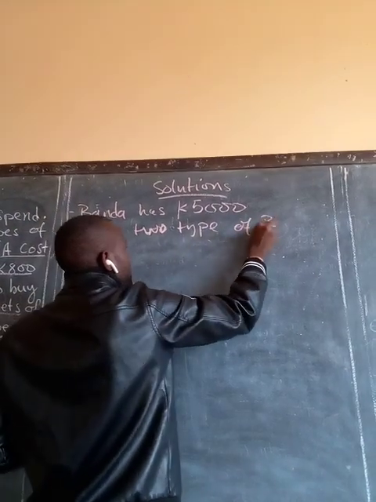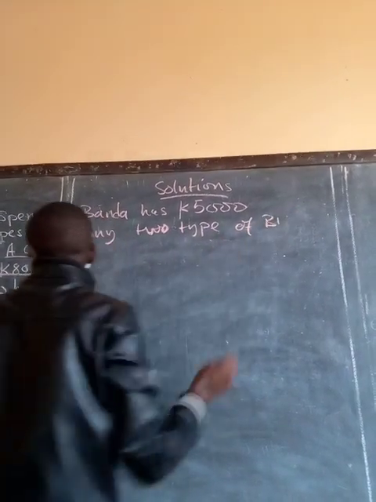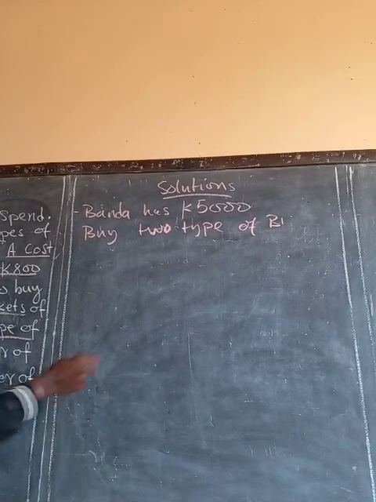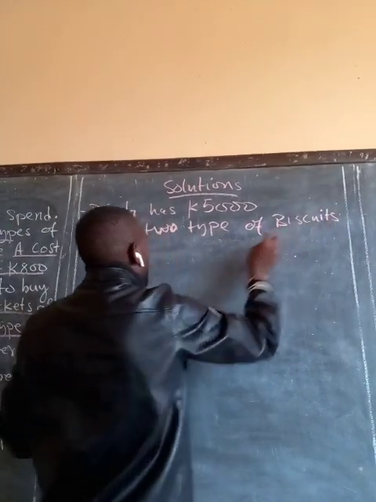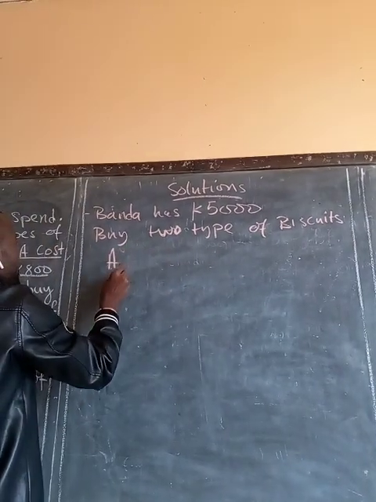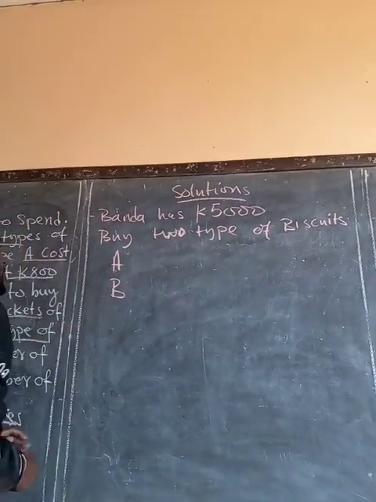This is a great part. When you identify the 2 types of what you want to buy, then the rest will be easy. 2 types of biscuit, which is A and B.